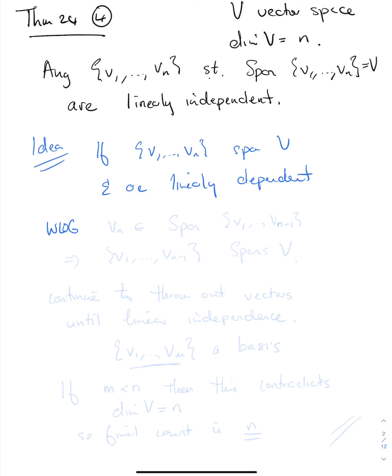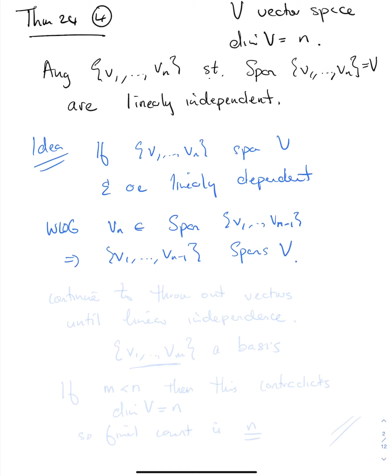So without loss of generality, let's say that vn is in the span of v1 through vn minus 1. Okay, so this means that v1 through vn minus 1 spans V.